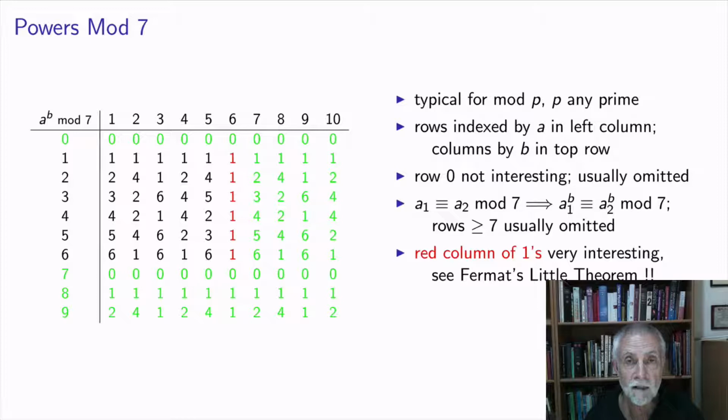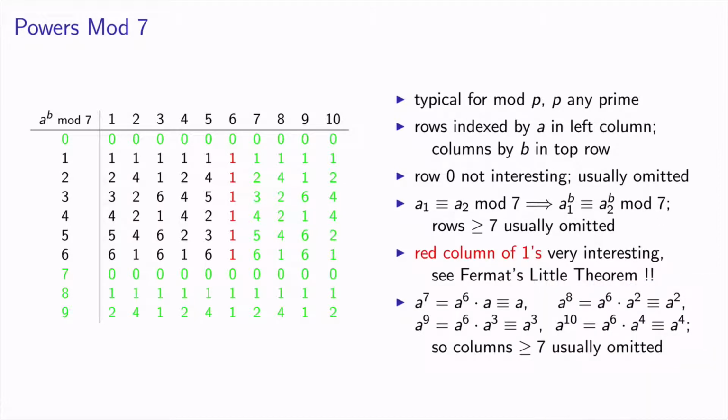This red column of 1s is very important, and we will prove the appropriate theorem, called Fermat's little theorem, about this in a little while. This is not to be confused with Fermat's theorem, which was actually only proved in the 1990s and was a much more difficult result.